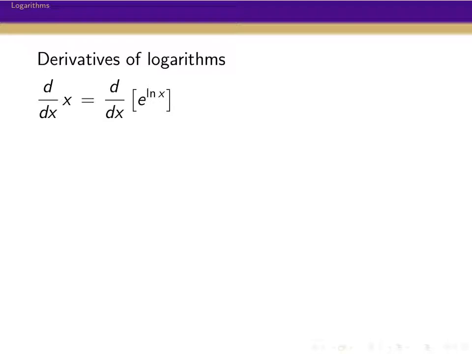Okay? So on the left-hand side, we're just taking the derivative of x. And just taking the derivative of x, that's going to pop out a 1. Now on the right-hand side, we've got to take the derivative of e to the natural log of x, using the fact that we know e and trying to figure out what natural log is. And so this is going to be similar to how we've done derivatives with e to the x before. We're going to use the chain rule.